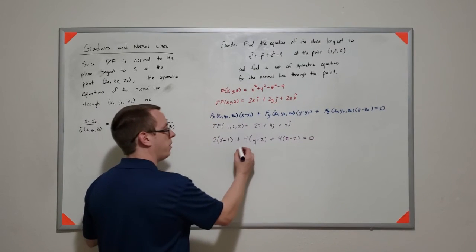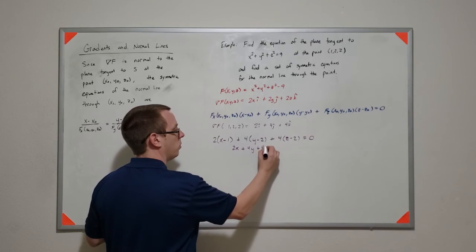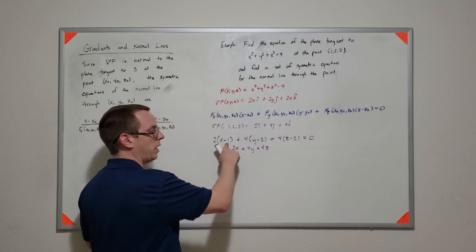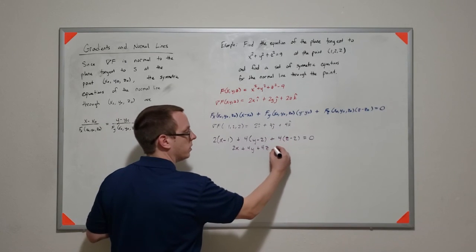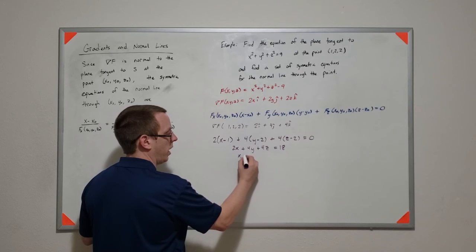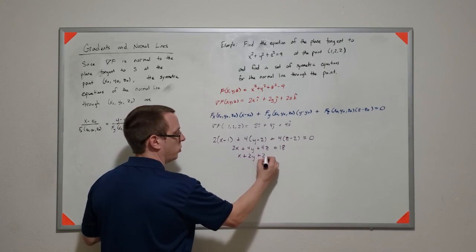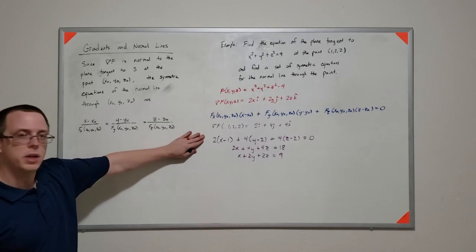We could do some math here and get 2x plus 4y plus 4z. So negative 2, negative 10, negative 18, so that equals 18. And then if it were me, I would divide and do x plus 2y plus 2z equals 9. You don't have to do that. Again, I'm fine with it here.